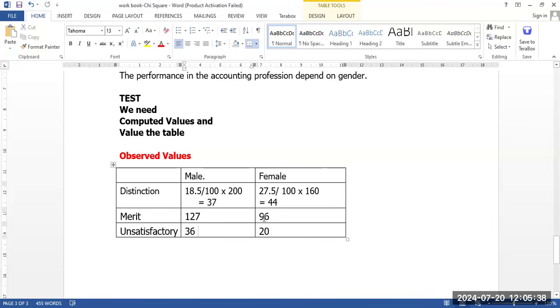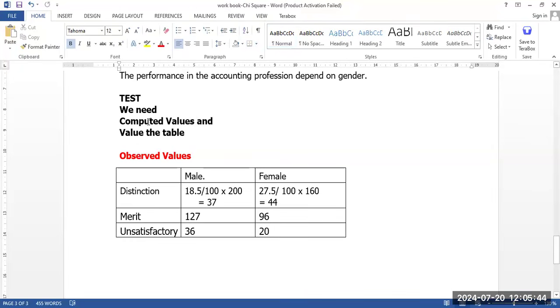So from here, you see that we cannot get expected value minus totals.